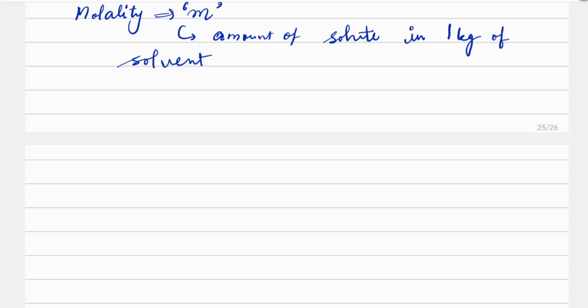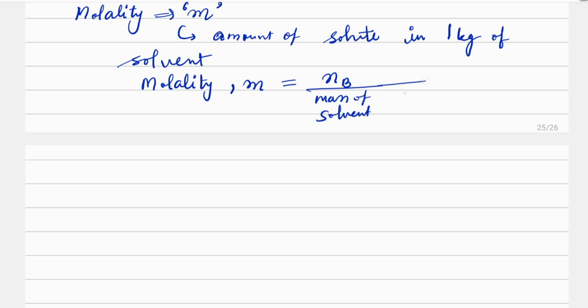So molality, small m, is equal to number of moles of solute divided by mass of solvent. We are talking about solvent over here, not solution, in kilograms.